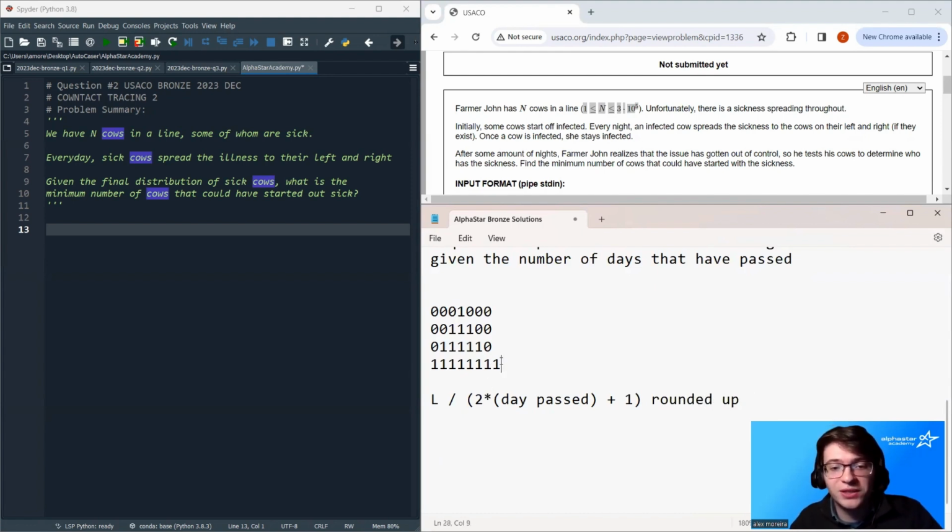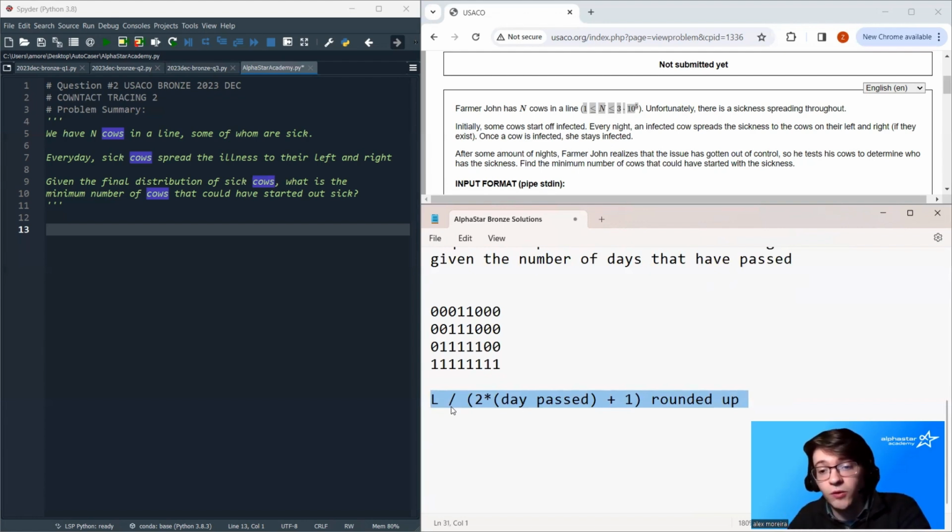So if I have one extra cow right here, even though that's really close to being covered by this cow, it's not. So we would have to add an extra cow just to cover this one, which is why we're rounding up. We take the length of that interval, divide it by the spread of the cow, and round it up. And this is going to be the number of cows we need in order to make everyone in that interval sick.